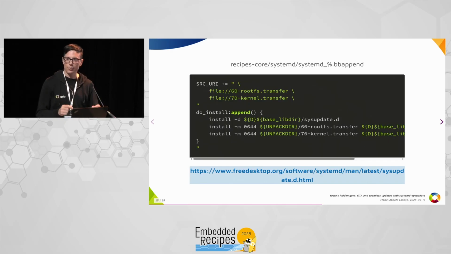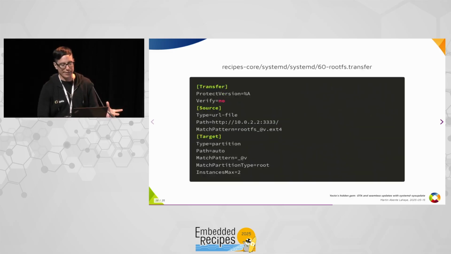For every resource that you want to update, you have to provide a transfer file to tell sysupdate exactly where the updates are coming from and where that update is going to. One of these per resource that you want to update. So in this case, we need one for the rootfs and we need one for the UKI, right? So let's see what these transfer files look like.